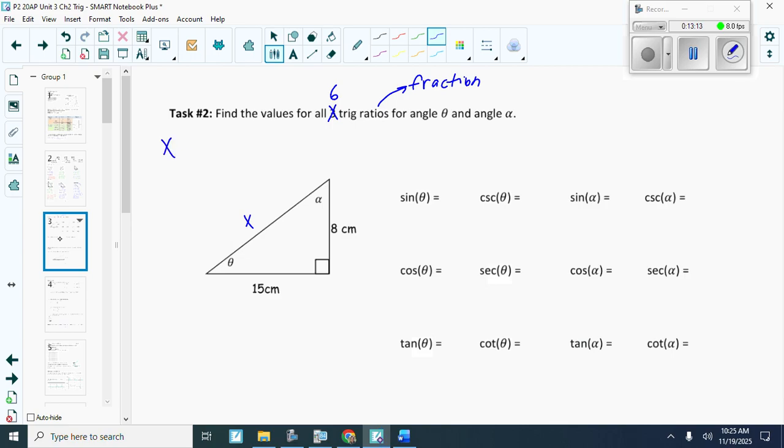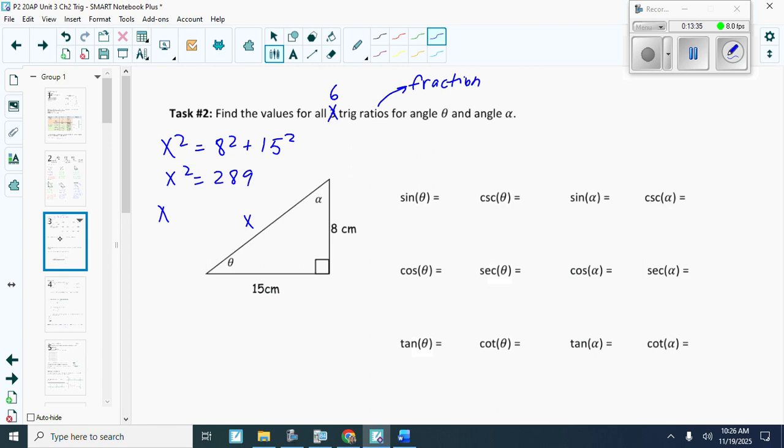So first step, you're going to do Pythagorean theorem, 8 squared plus 15 squared. So you're going to have x squared is equal to that. When you take the square root of both sides, yes, you're going to have an extraneous root.